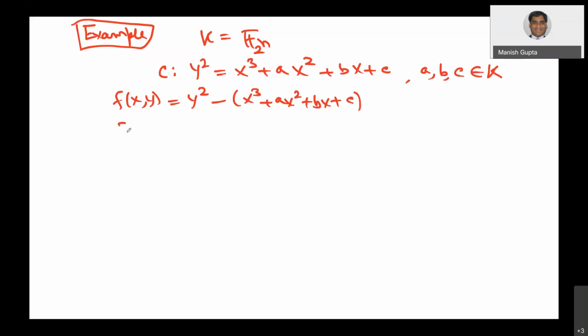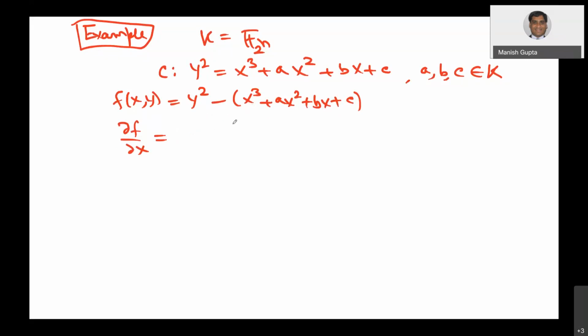Now I can compute del f over del x. When we differentiate with respect to x, this portion will be 0, this will be b, and this will be 2x, which will be 0 because characteristic is 2. This will be 3 times x square, and 3 will be 1 modulo 2.